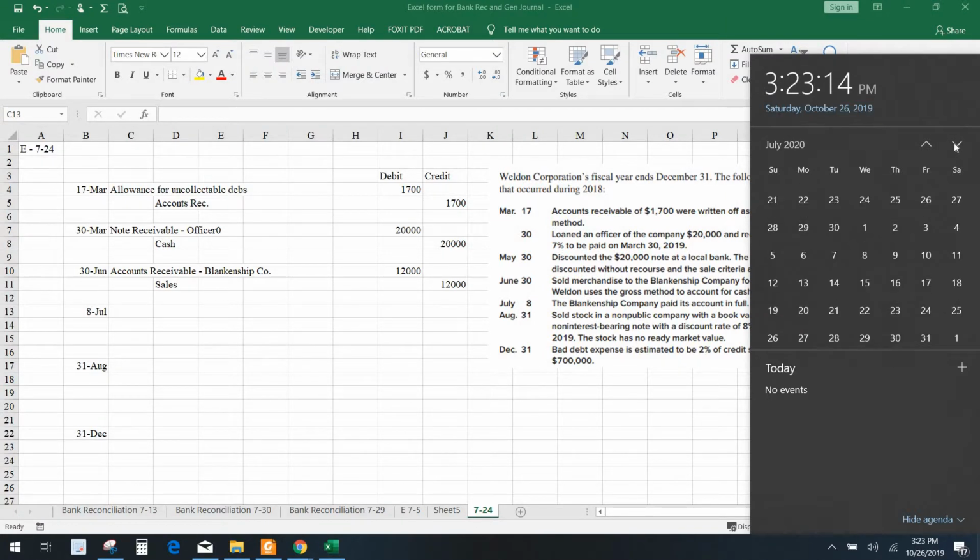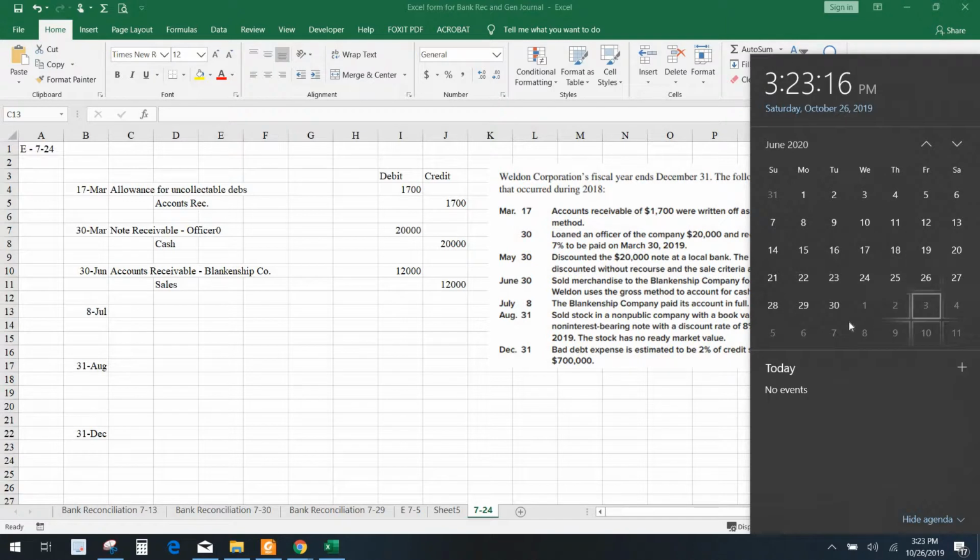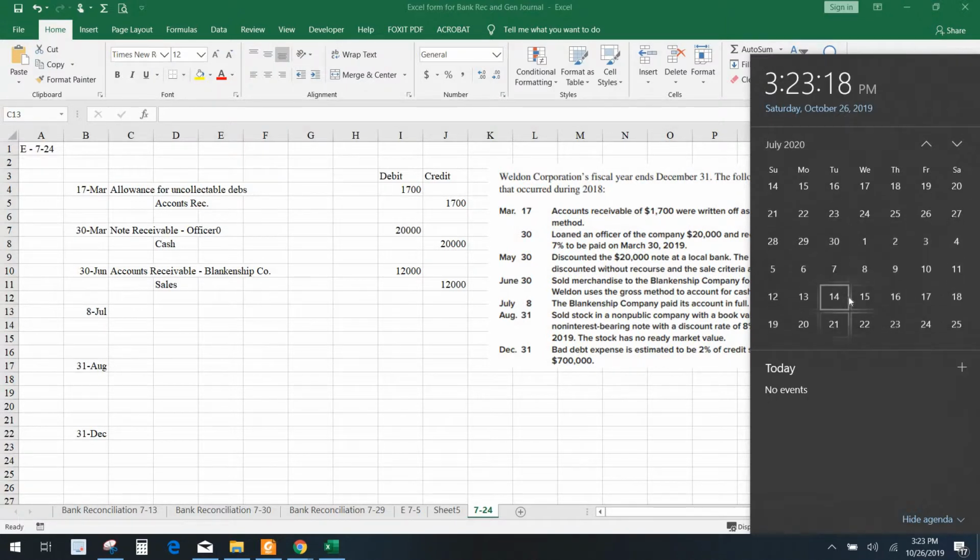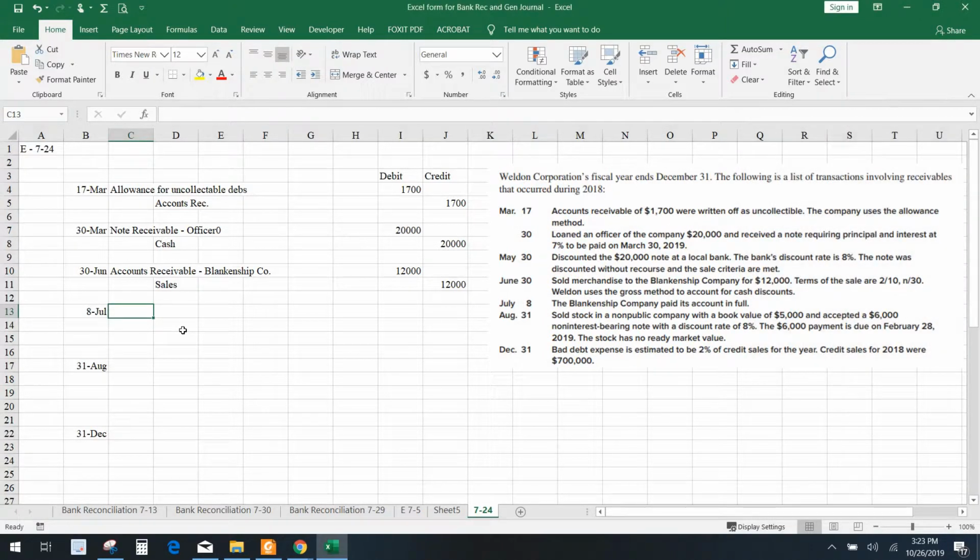June the 30th to the 8th, that is 1, 2, 3, 4, 5, 6, 7. It's within the discount period because 10 days would be the 10th. So they received the discount.